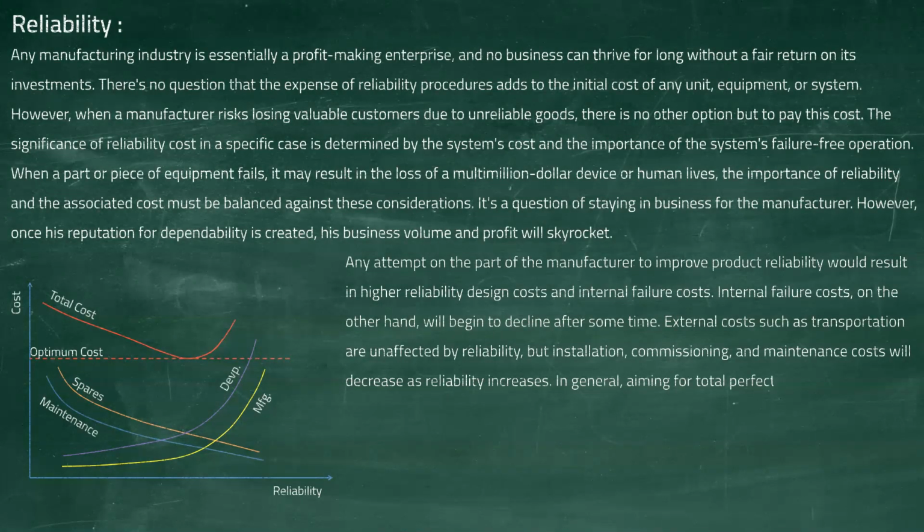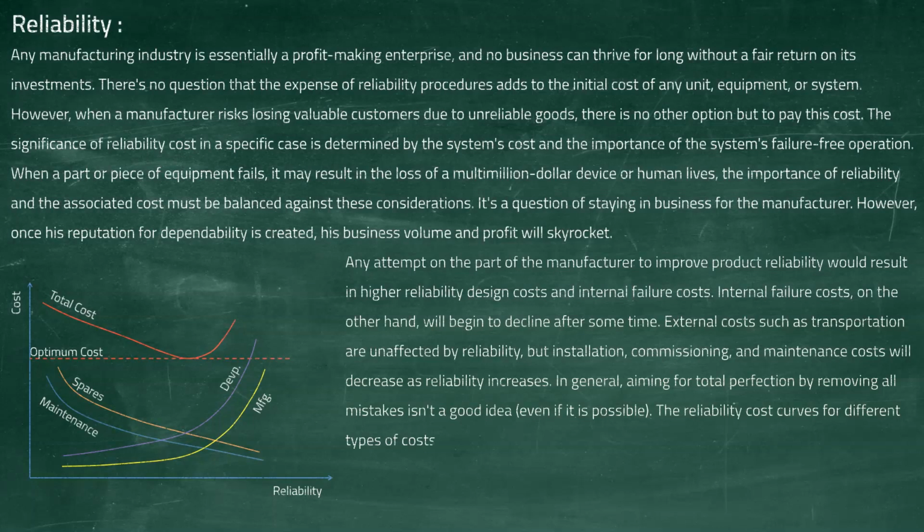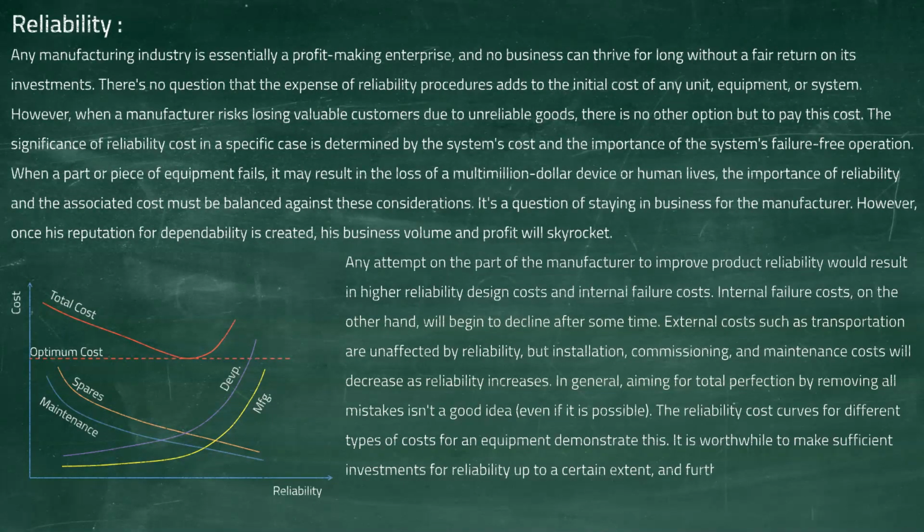In general, aiming for total perfection by removing all mistakes isn't a good idea, even if it is possible. The reliability cost curves for different types of costs for an equipment demonstrate this. It is worthwhile to make sufficient investments for reliability up to a certain extent, and further investments are only recommended where reliability is of paramount importance.